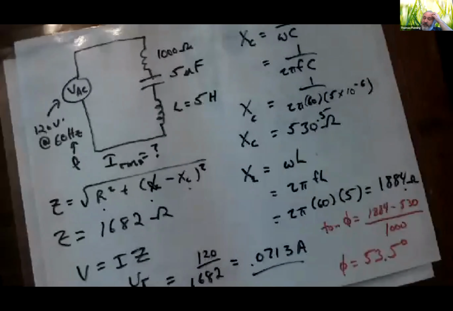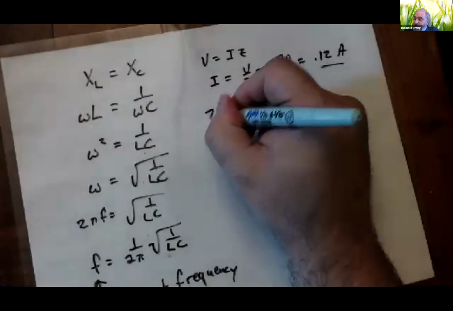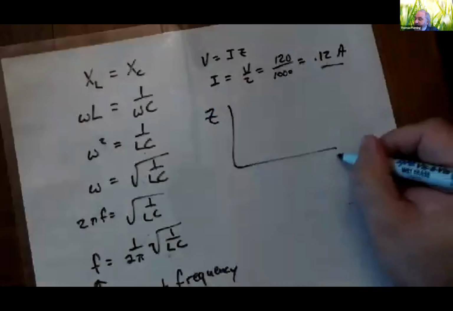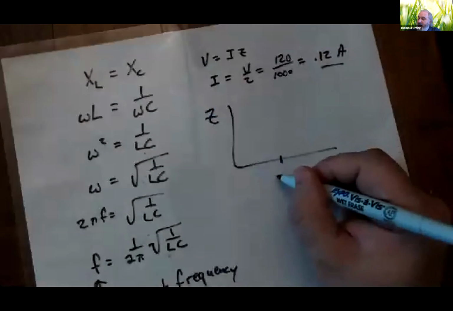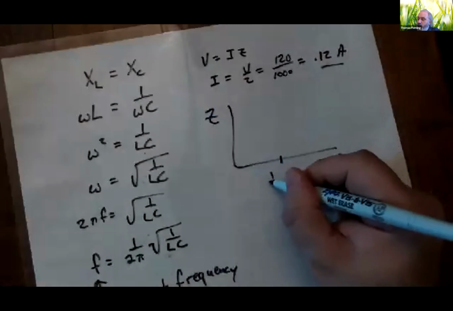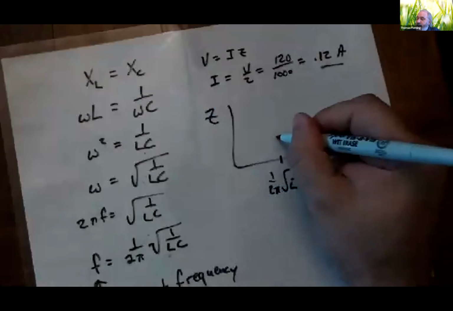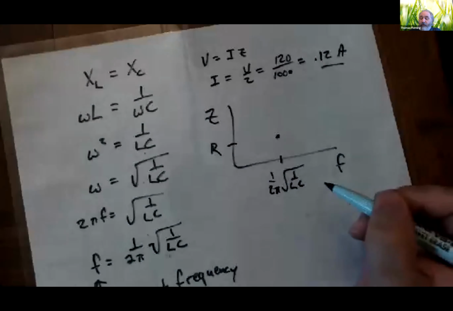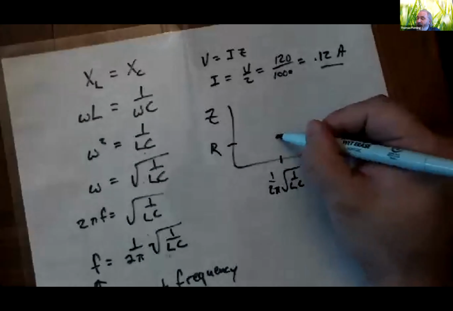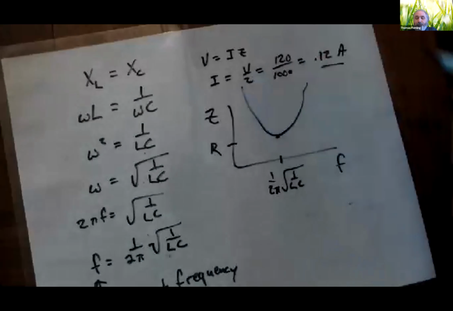So this is a local minimum. If you're looking at the impedance as a function of frequency, at the resonant frequency, the impedance is going to be some local minimum. It's going to equal whatever R is. And at frequencies higher than that, it's going to get bigger. At frequencies lower than that, it's going to get bigger.